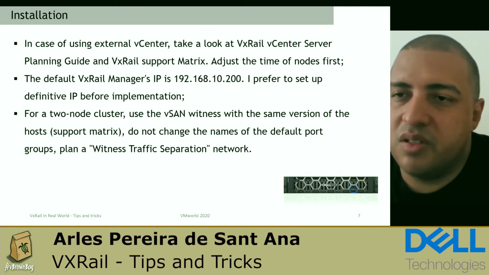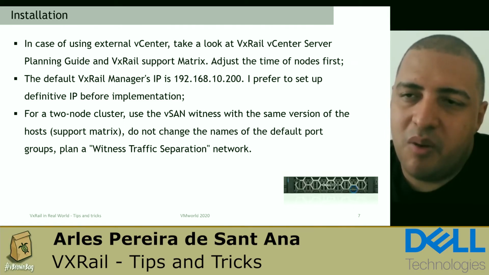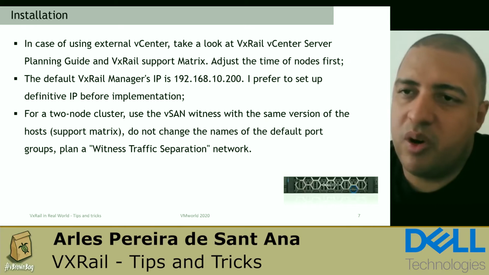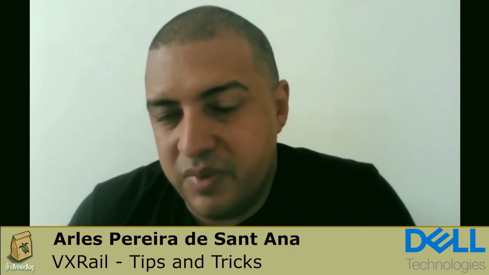start your cluster building. Okay, for a 2-node cluster, I really recommend you to configure witness traffic separation, a special network, a separate VLAN for this, and take care with the witness about this. The documentation about 2-node clusters is very simple, and sometimes you face a lot of problems with 2-node clusters because it's not such a common implementation.